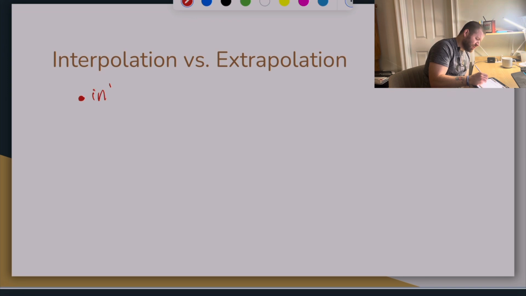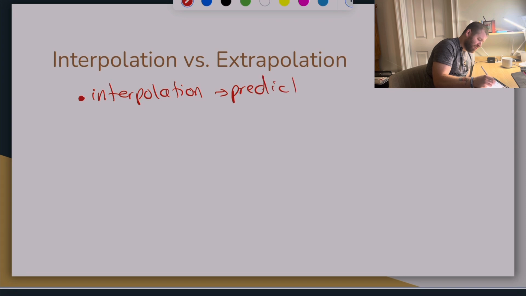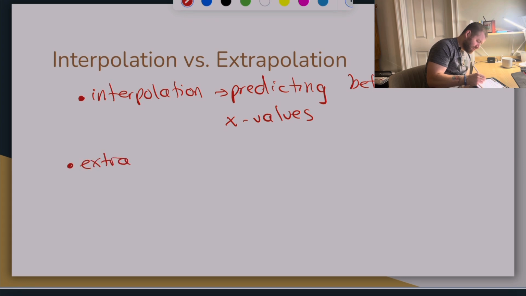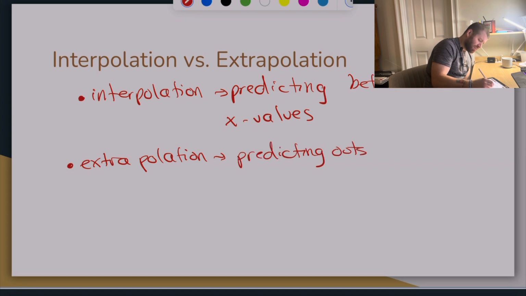Very simple. Interpolation is just predicting between known x values. And extrapolation is predicting outside of your known x values.